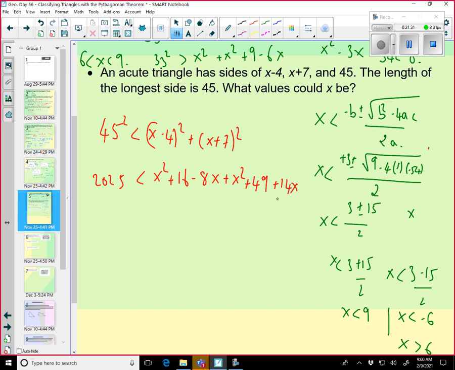I'm just going to leave it at the final step like this, and then you can solve for x later on. Okay. So here I'll have 2x square minus 8x plus 14x, which is plus 6x, and 49 plus 16, which is 65.